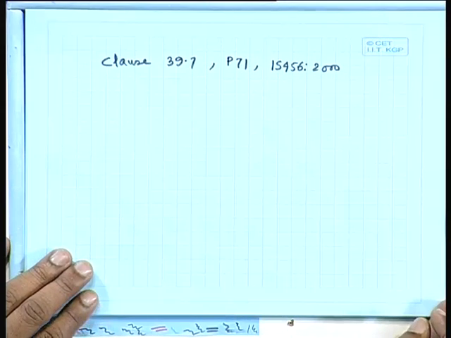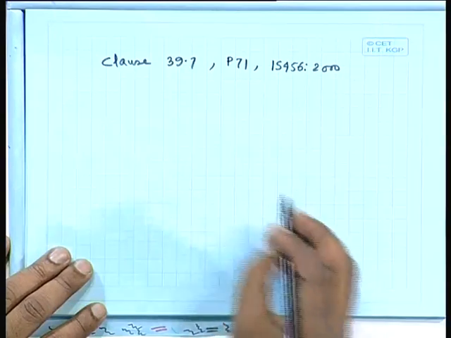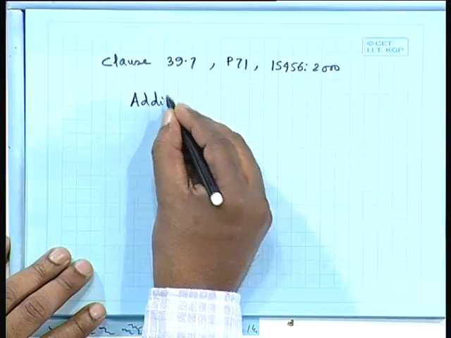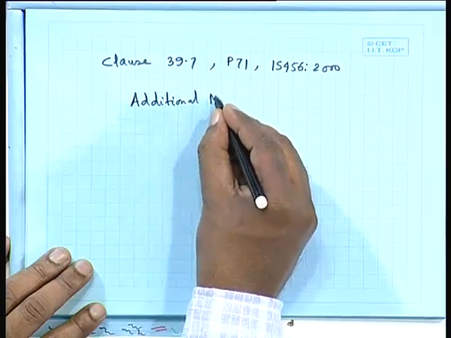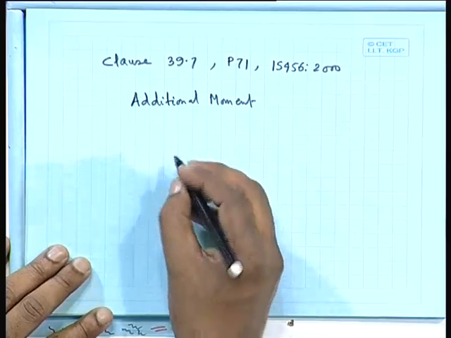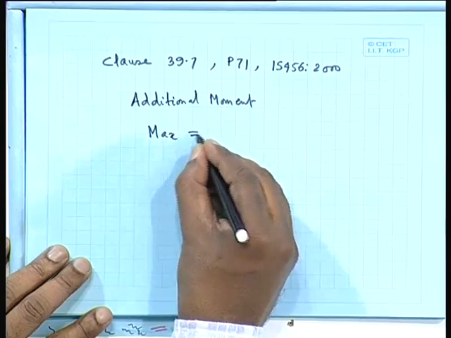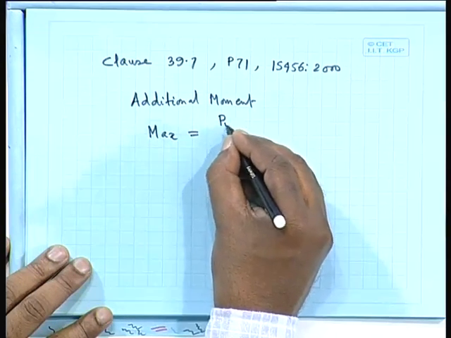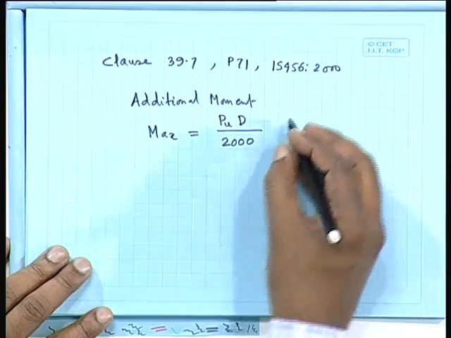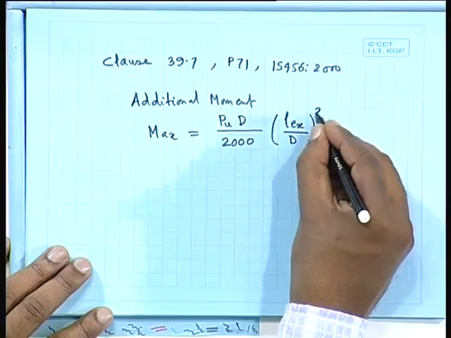So in this case, IS 456 2000 says that there is an additional moment. So we shall take the additional moment, and let us say MAX will be equal to PU times D divided by 2000 multiplied by LEX by D whole square.